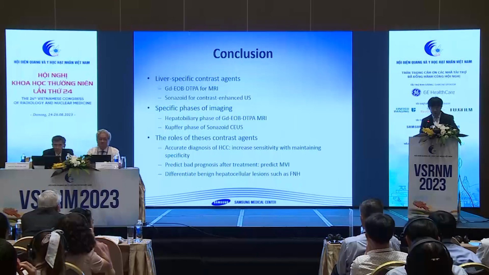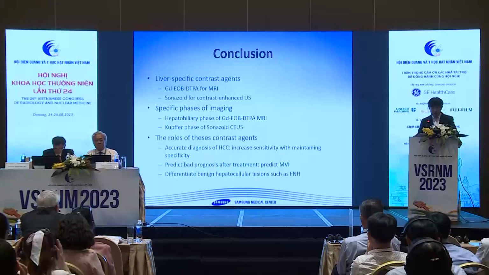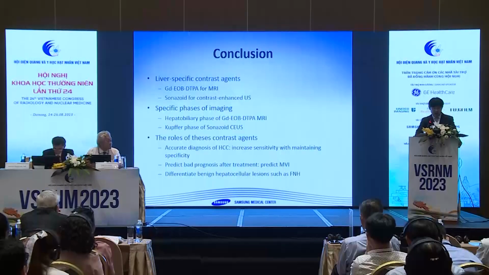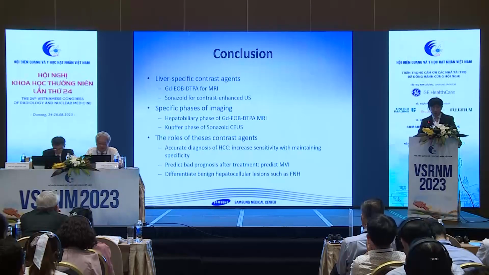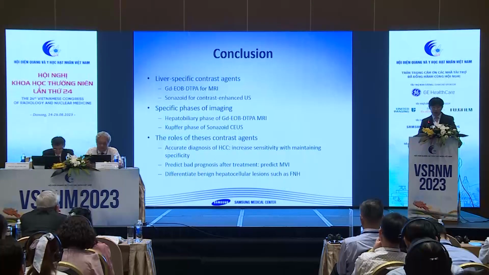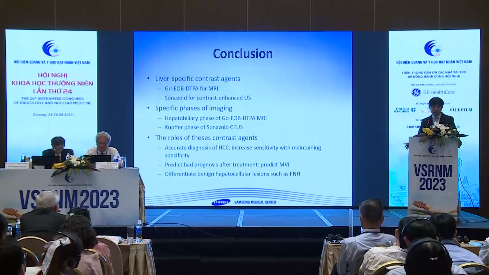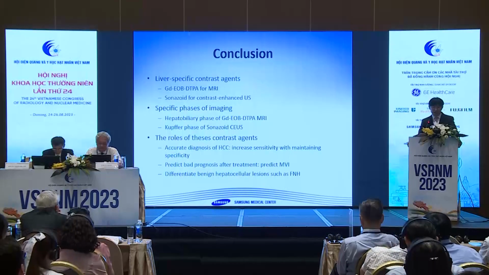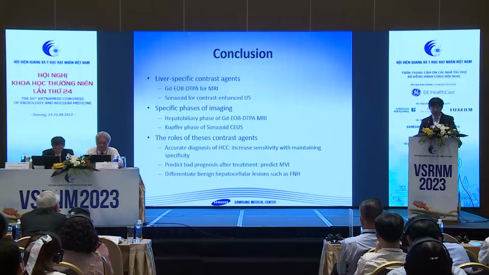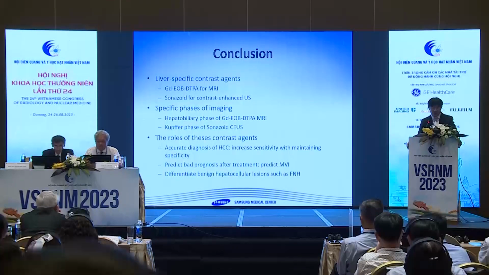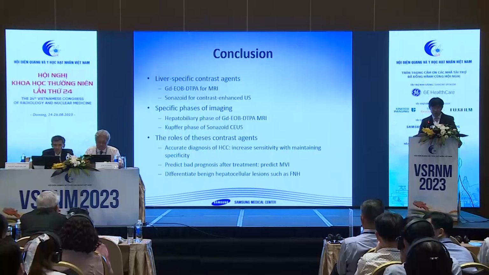And in conclusion, this is the last slide of my talk. The liver-specific contrast agents are gadolinium EOB-DTPA for MRI and Sonazoid for contrast-enhanced ultrasound. They offer specific phases of imaging: the hepatobiliary phase of gadolinium EOB-DTPA and the Kupffer phase imaging of Sonazoid CEUS.